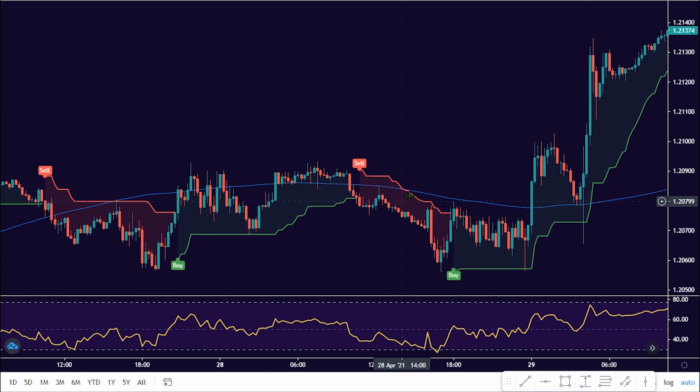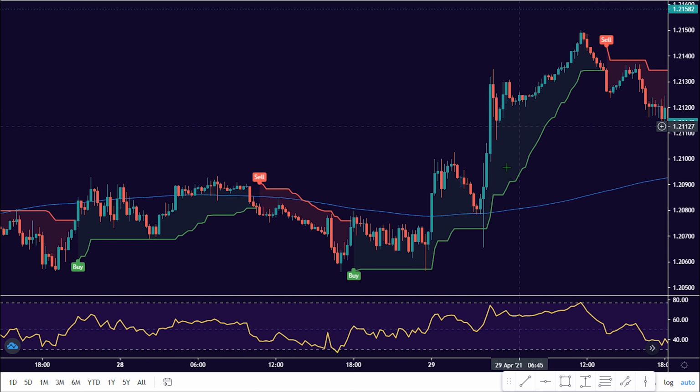Therefore, it's advisable to patiently wait to see when the range market is over before looking out for a scalping setup. The ranging market opened up here, and we can see how the Supertrend crossed over above the 200 moving average. Also, the RSI showed price is not yet overbought, and we can still bullish scalp this market.